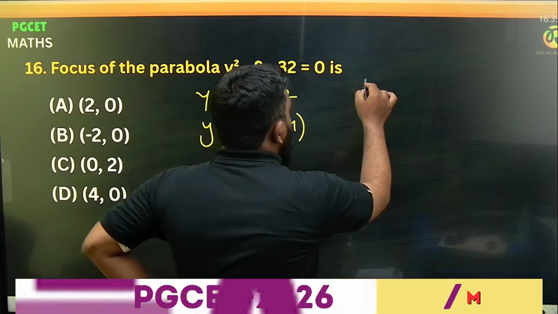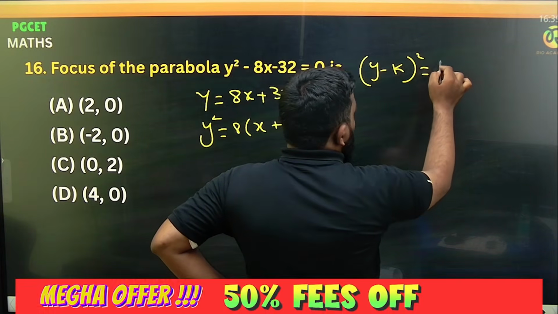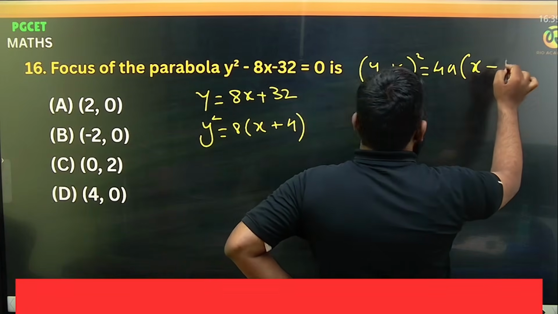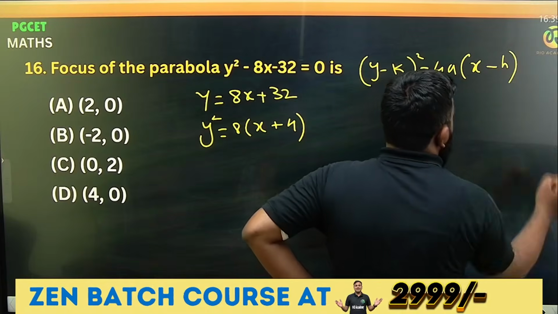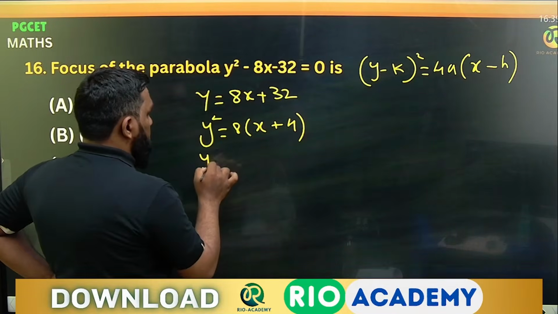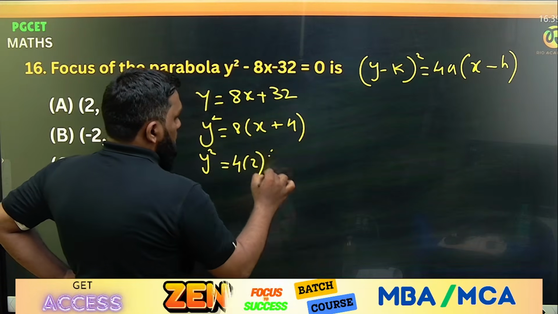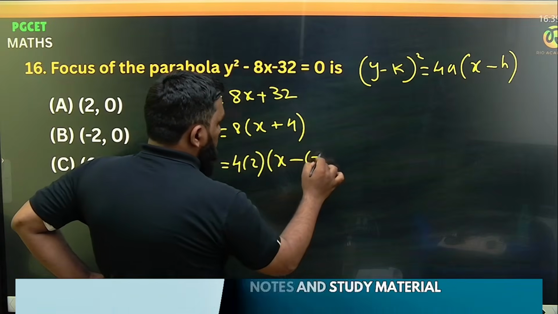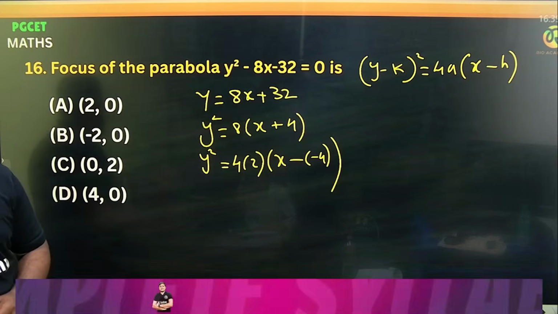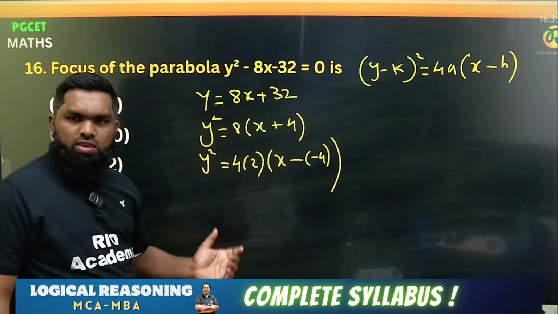Equation of parabola: y minus k whole square is equal to 4a into x minus h. So it is 4 into 2 into x minus of minus 4, x minus of minus 4 we write.